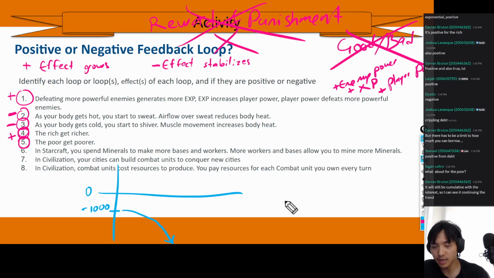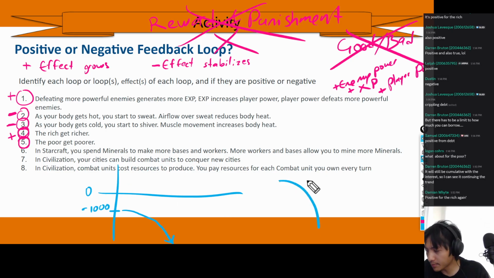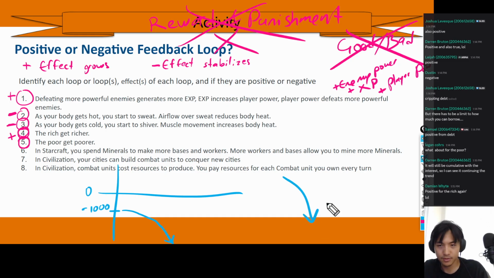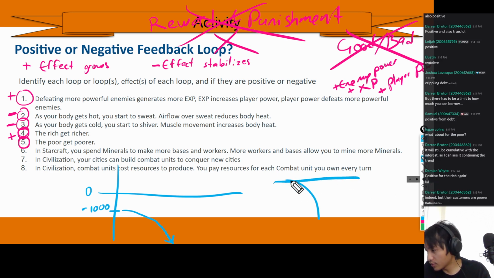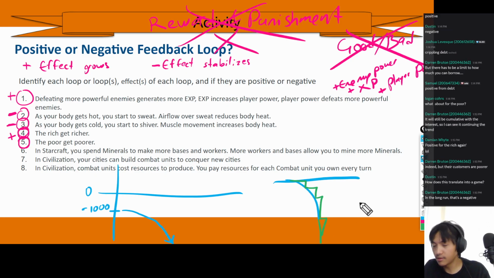It doesn't matter anything except the absolute value, right? So it doesn't matter if it's going up or down, as long as you have this shape, this curve, right? If you have a curve where the ratio of rise over run is changing every time, you have a positive feedback loop.